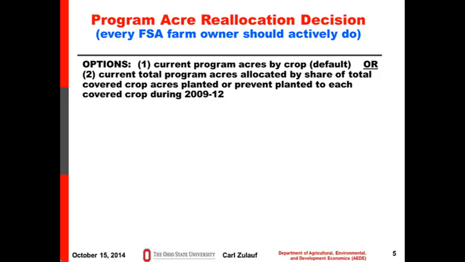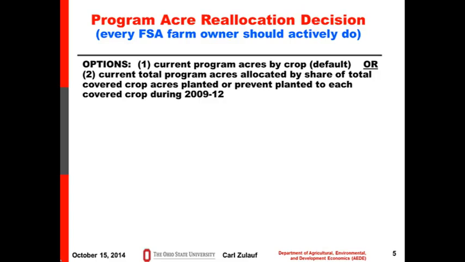The default option is the current program acres. So if you do nothing, you will keep your current program acres however they are divided among the crops, such as corn, soybeans, wheat, which are the more common crops in the state of Ohio, but you may also have oats and barley acres, program acres here in the state.